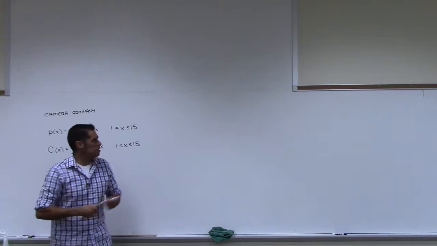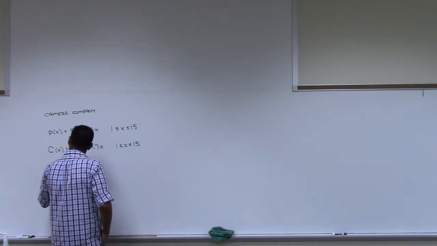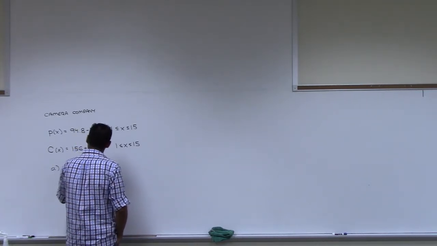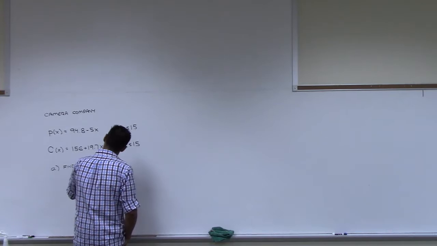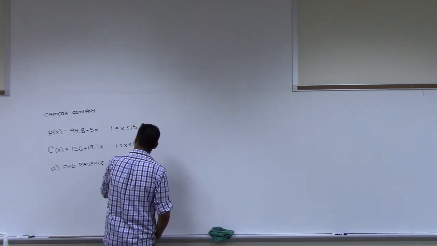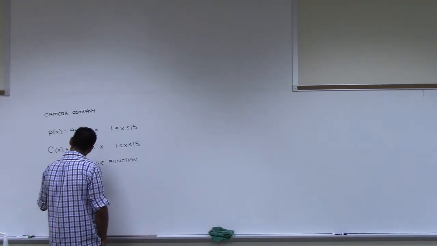Okay, so the first part, I think I call it part A, was find the revenue. Then find profit and then graph it? C is graph.